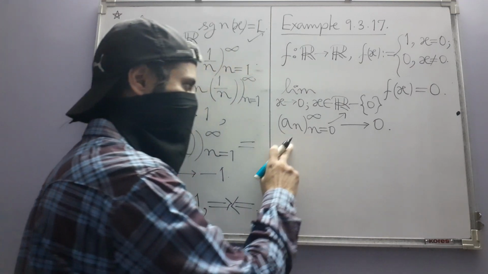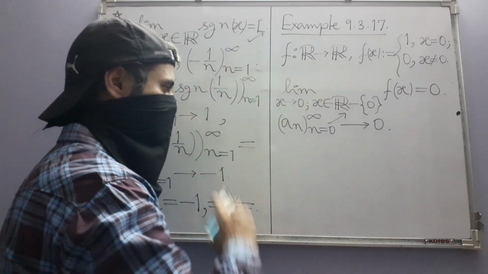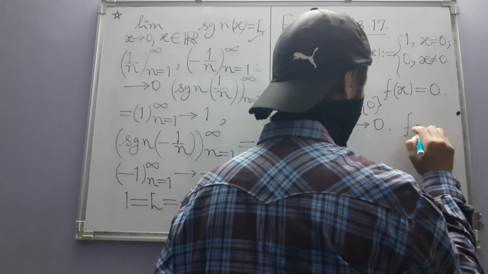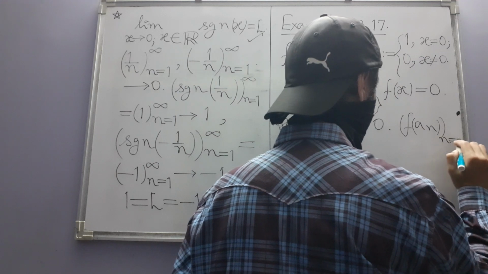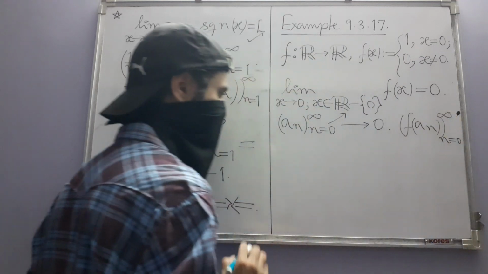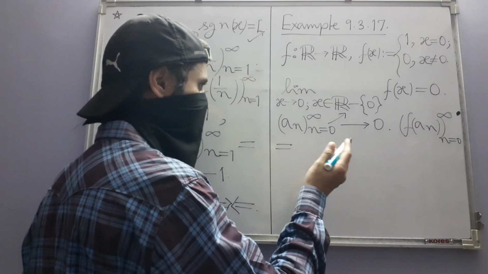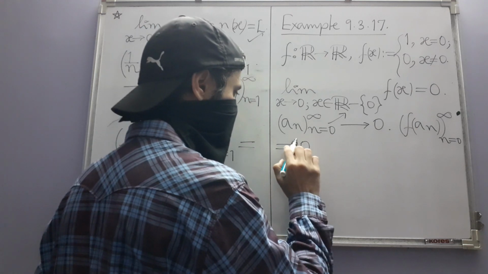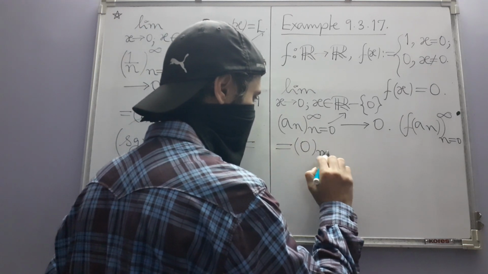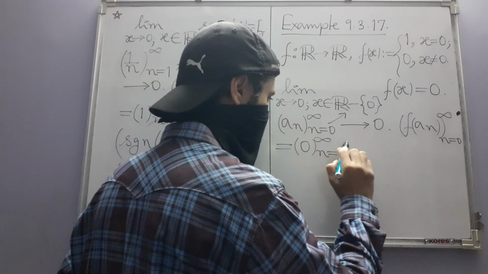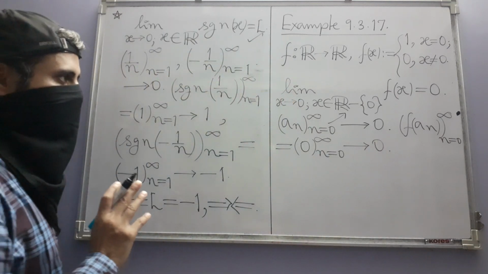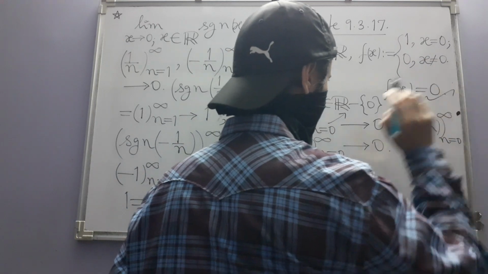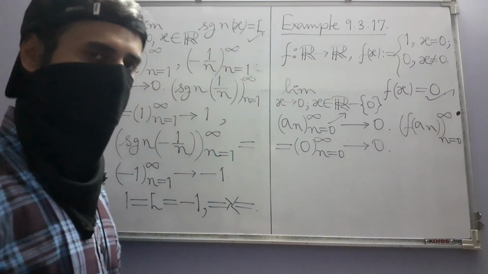Because all the ANs are non-zero, by the definition of F, what will be this sequence? It will be the constant sequence 0. And that of course converges to 0. So by proposition 939, this limit actually is 0.